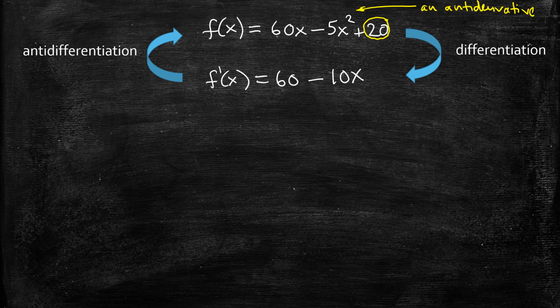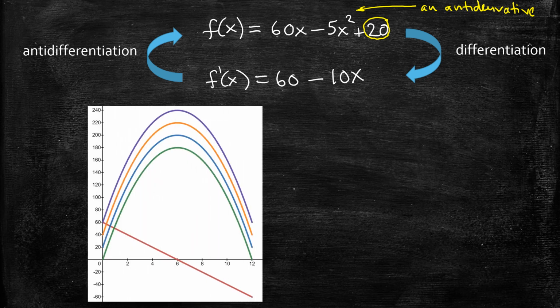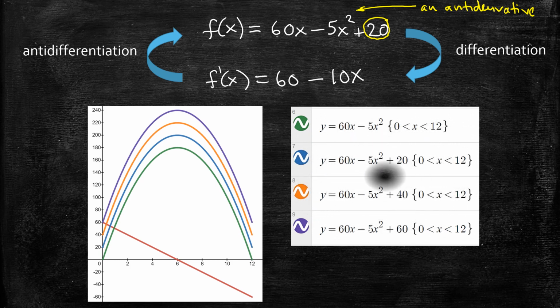But let's have a look at it: it's not the only antiderivative, as we saw before. So here's all the possible things, depending on what we made that value, whether it was 20 or 40 or 60, we could get a whole bunch of curves. And as you can see here, they're all parabolas, right? They're all quadratics.